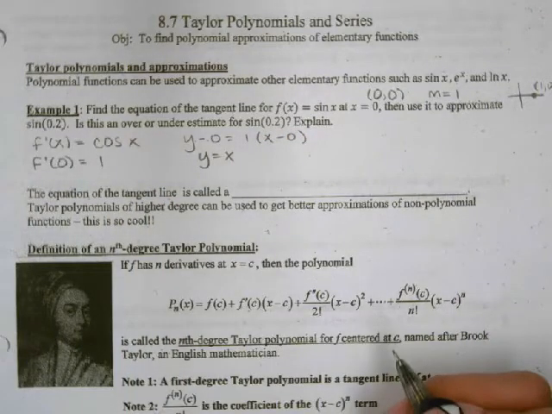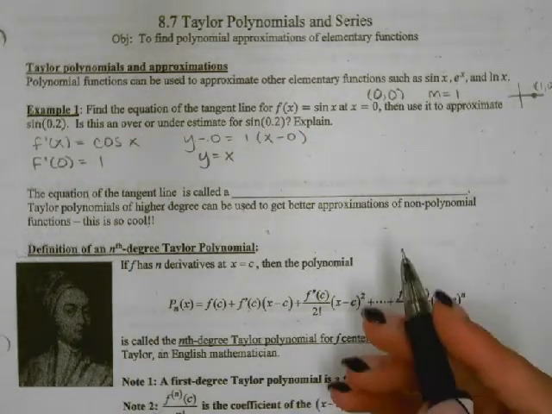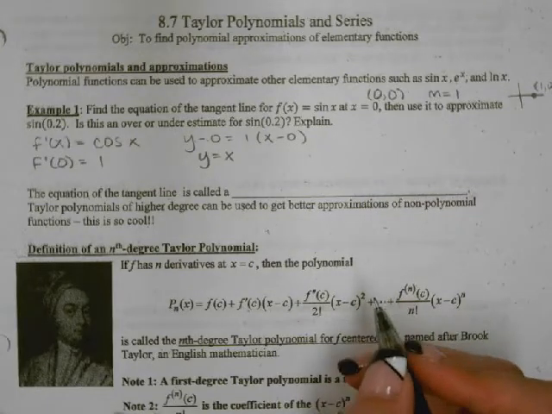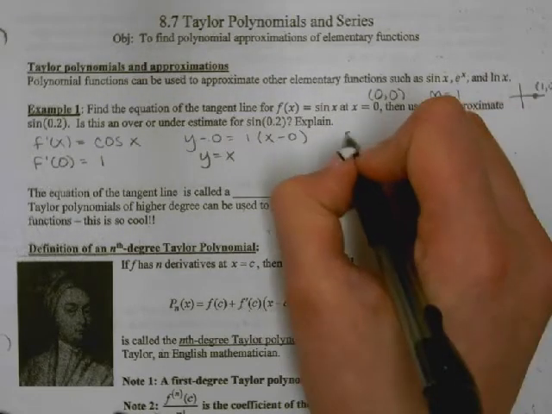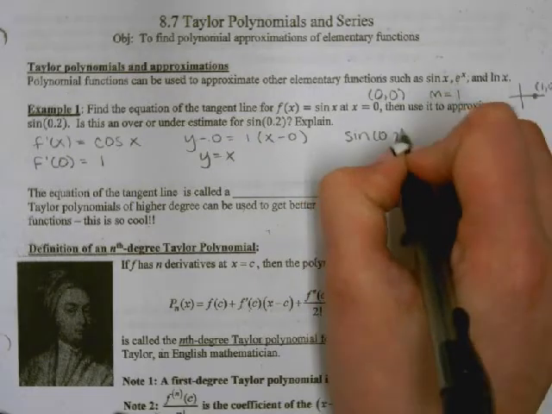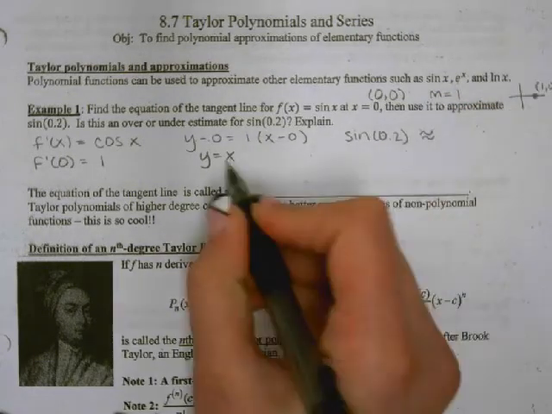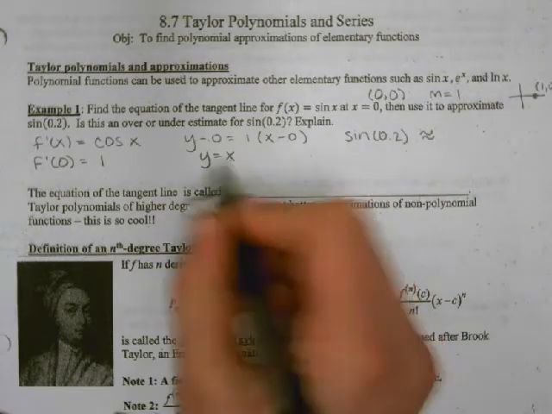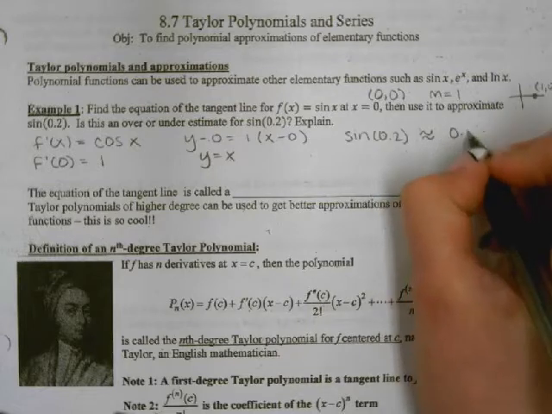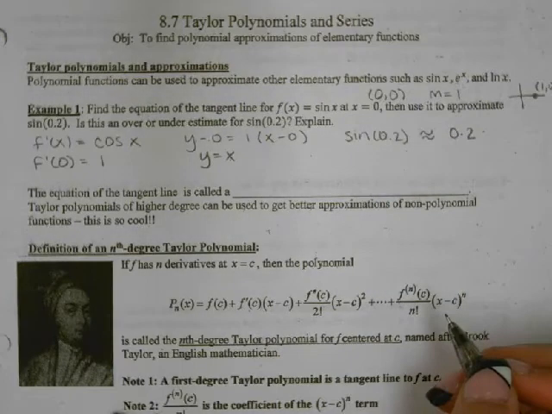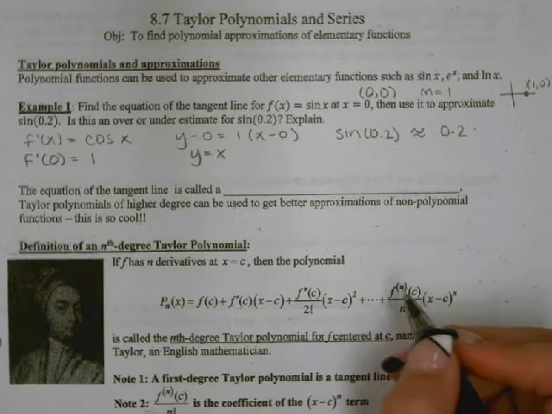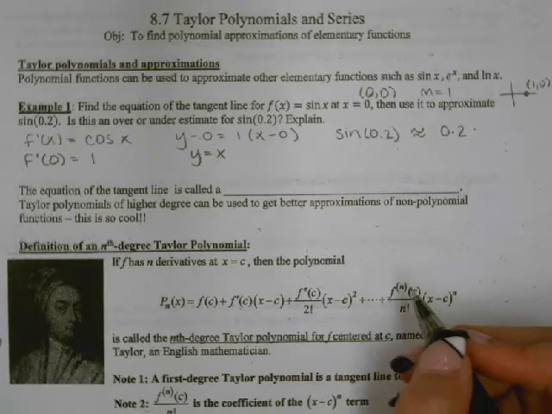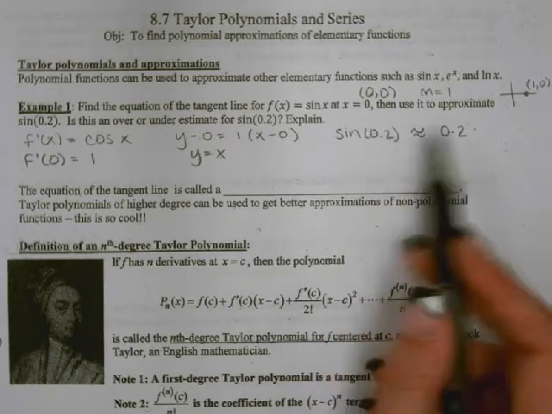All right, now they're saying to use this to approximate sine of 0.2. So sine of 0.2 is approximately, well, if I plug in 0.2 for x, I get 0.2 as an answer, so approximately 0.2. Is this an overestimate or an underestimate? You have to think about what is happening to the graph at that point.